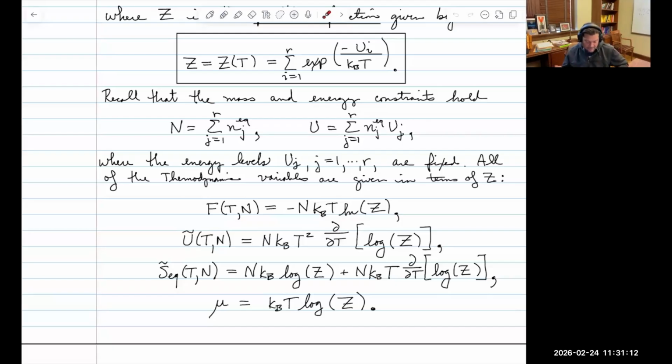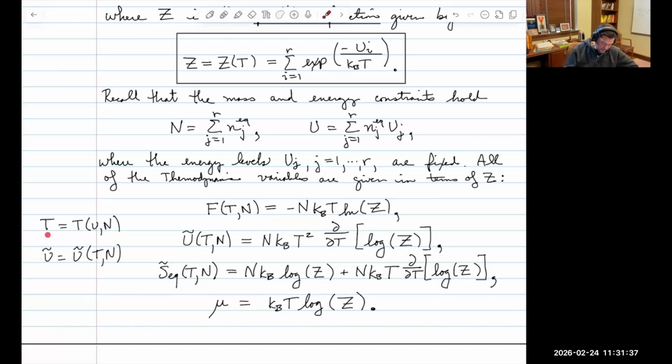It relies on the fact that when we have a temperature relation like this, I can always invert this relationship so that I can rewrite this as u as a function of t and n.